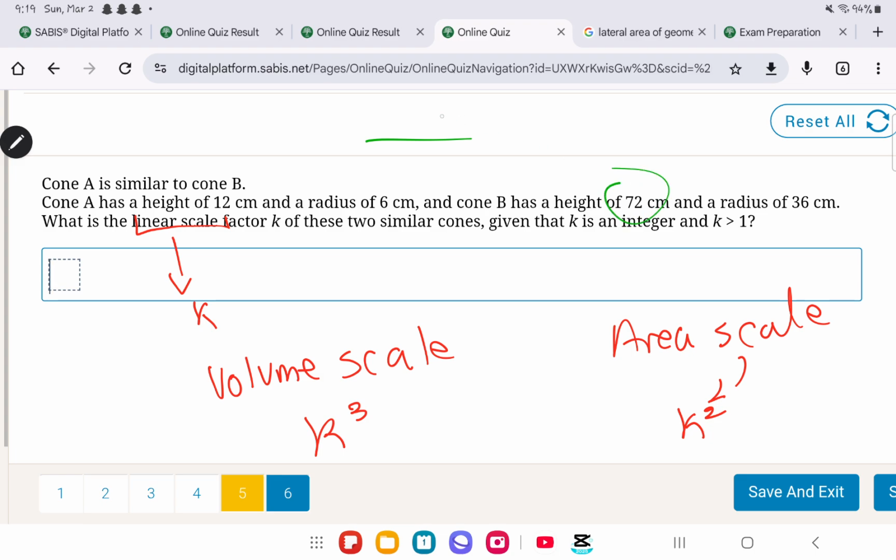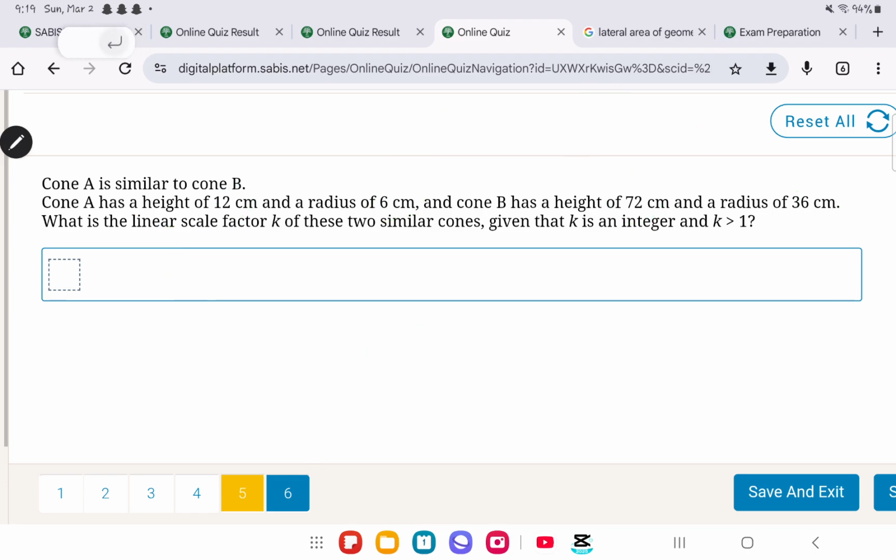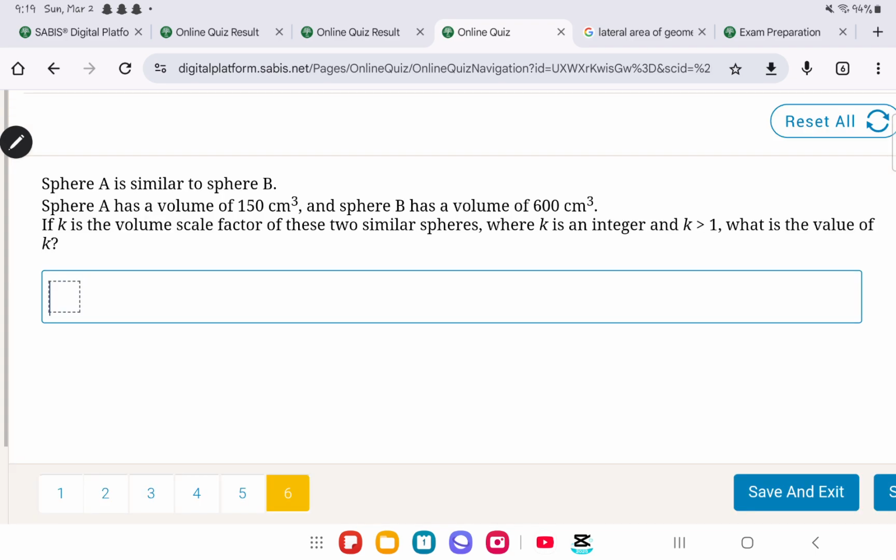You could choose the height, so 72 over 12, but it's also going to be equal to the radius, so 36 over 6. Very simply, it's side 1 over side 2 equals side 1 over side 2 because of similarity, and then you're going to get the constant, which is going to be 6.